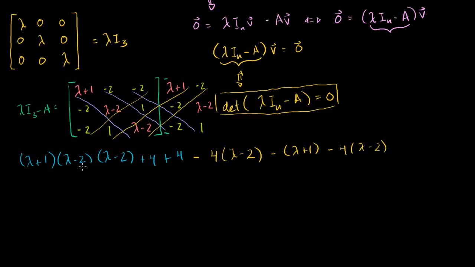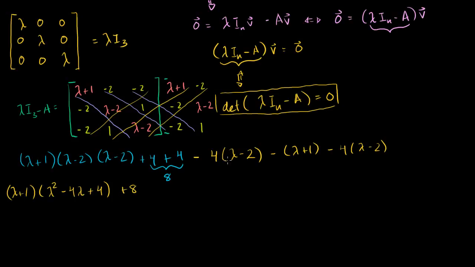So this blue stuff over here, let's see, these guys right here become an 8. And then this becomes lambda plus 1 times, if I multiply these two guys out, lambda squared minus 4 lambda, right? Minus 2 lambda and then minus 2 lambda. So minus 4 lambda plus 4. And then I have this plus 8 here.